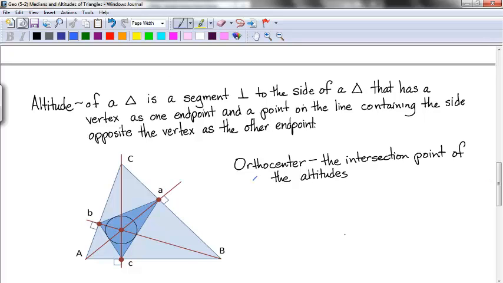Okay, so it's got the vertex as one endpoint and a point on the line containing the side opposite the vertex as the other endpoint. So it's just going to go from the vertex perpendicular to the other side.